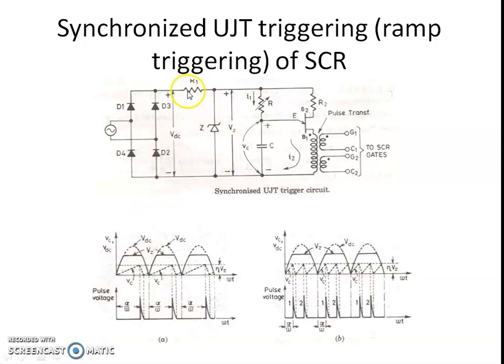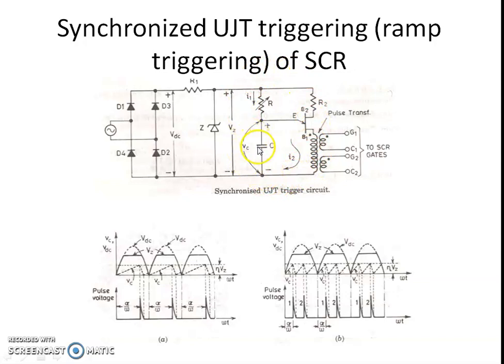The Zener regulator consists of a series resistance and a Zener diode. The function of the series resistance is to limit the current flowing through the Zener diode. The voltage across the Zener voltage regulator is Vz. This voltage Vz is used as the input voltage of our UJT relaxation oscillator.